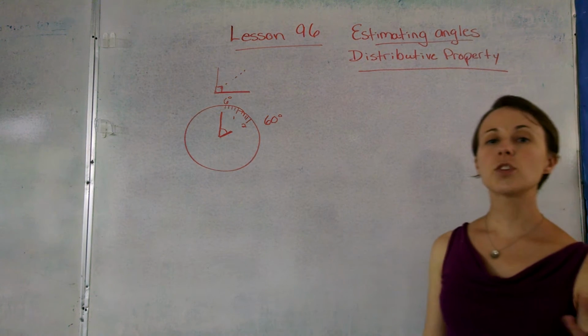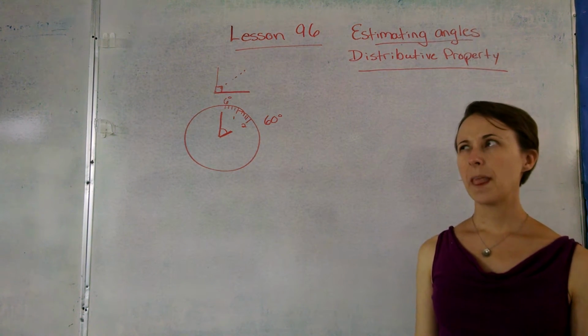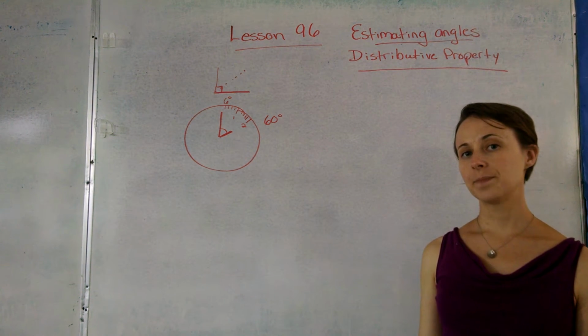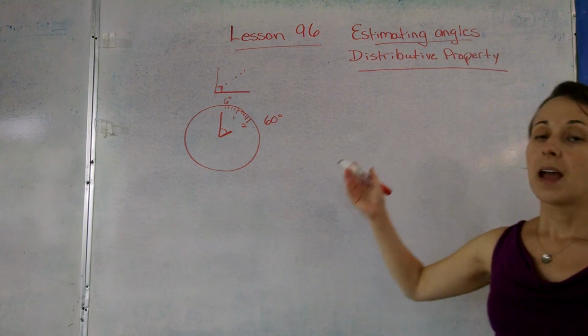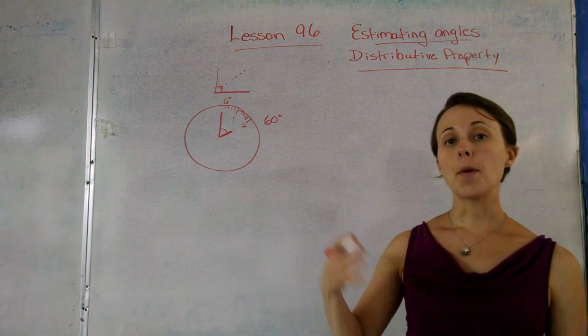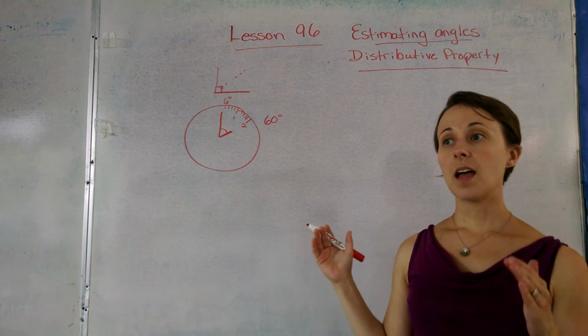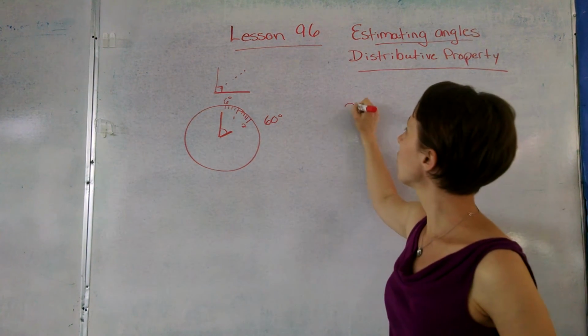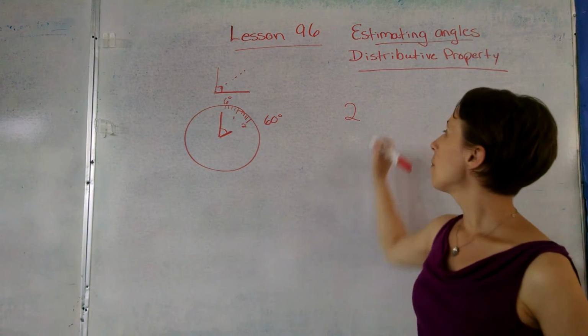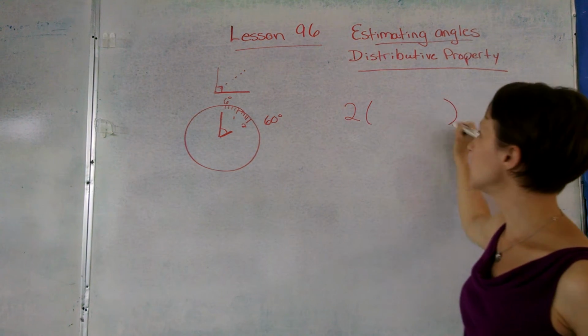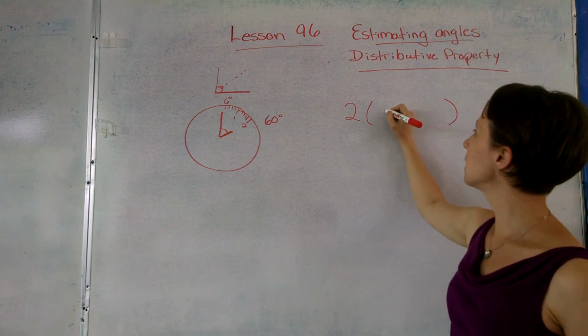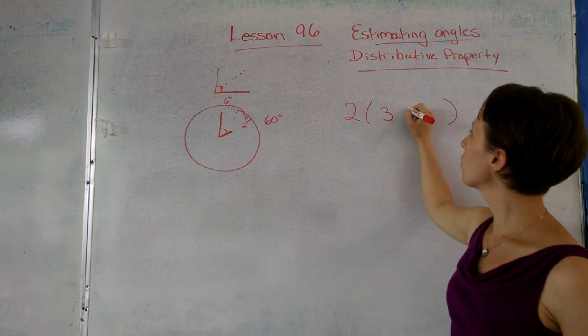We talked about the distributive property at the beginning of the year. We haven't talked about it much since. The distributive property means that if you have a number multiplied by a quantity, maybe our quantity is 3 plus 4.